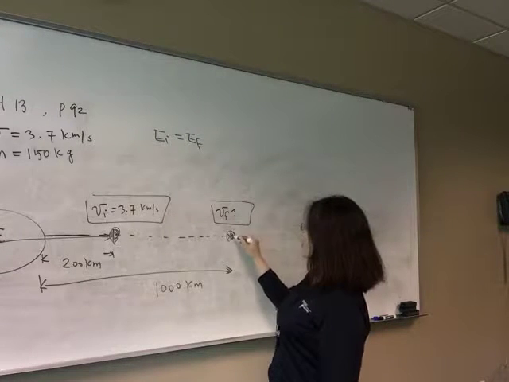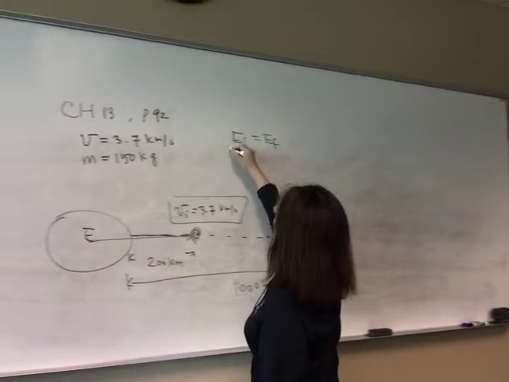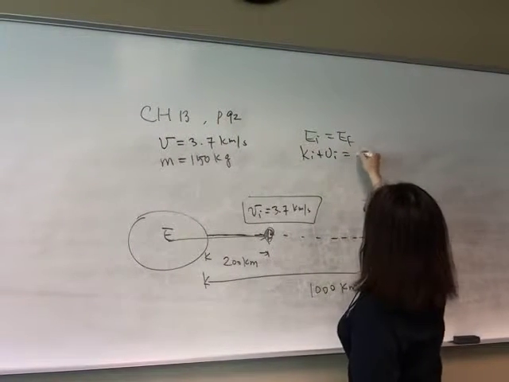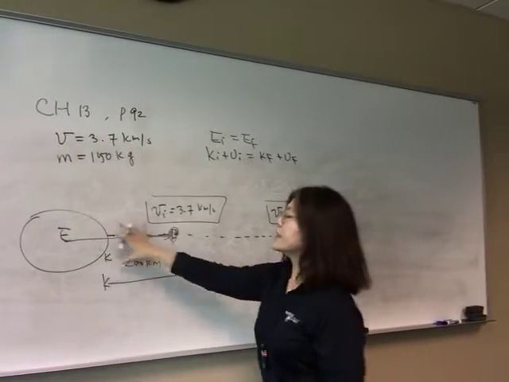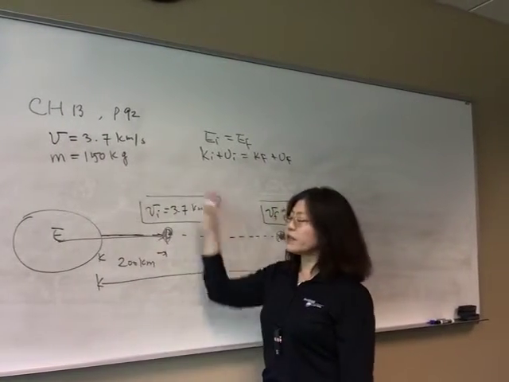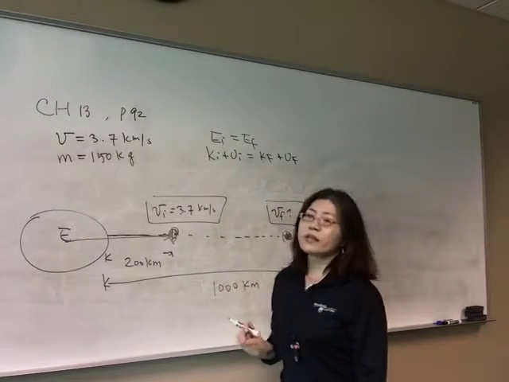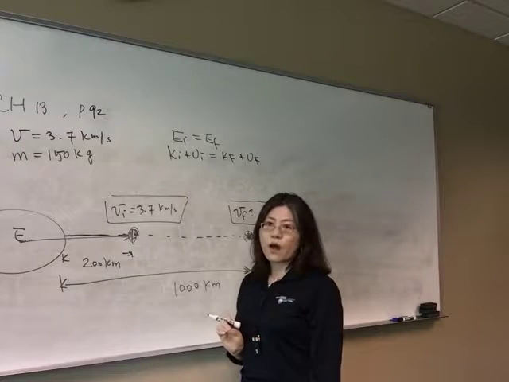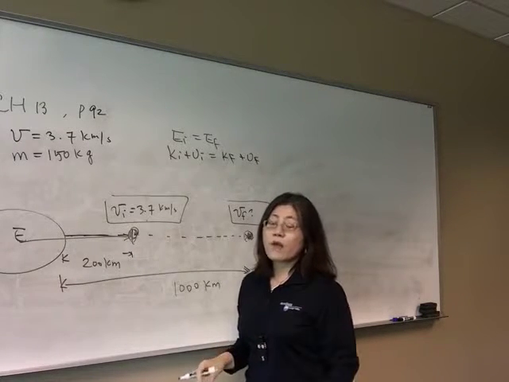So we can find that, and we can also find out what is the gravitational potential energy at that point as well. So you have your Ki plus Ui is equal to Kf plus Uf. Now, because this is a linear motion, this is not an object that's making a circular motion, so we cannot use Ki equal to negative 1/2 Ui. That will be incorrect. Instead, you would just use the traditional 1/2 mv squared.